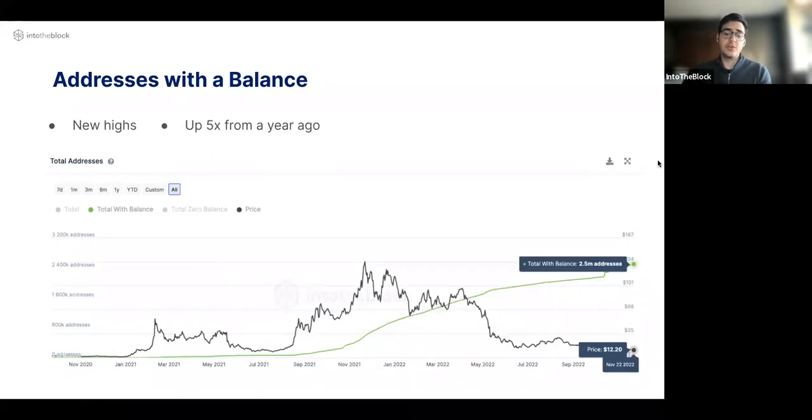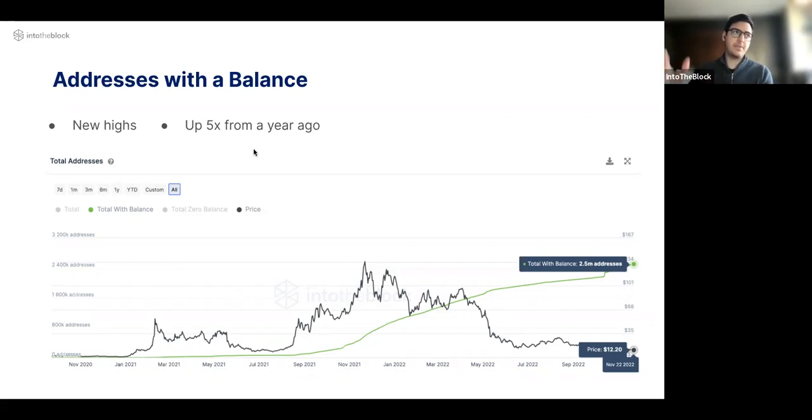In terms of holders, the number of addresses holding Avalanche has been increasing significantly. It actually just reached the milestone of 2.5 million addresses. It's up 5x from a year ago.